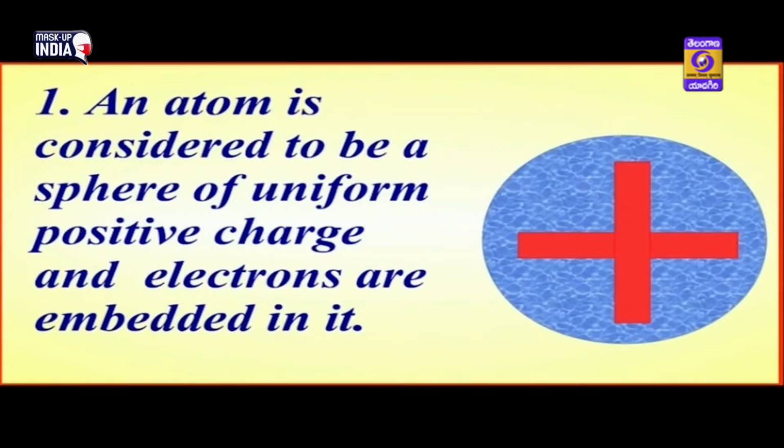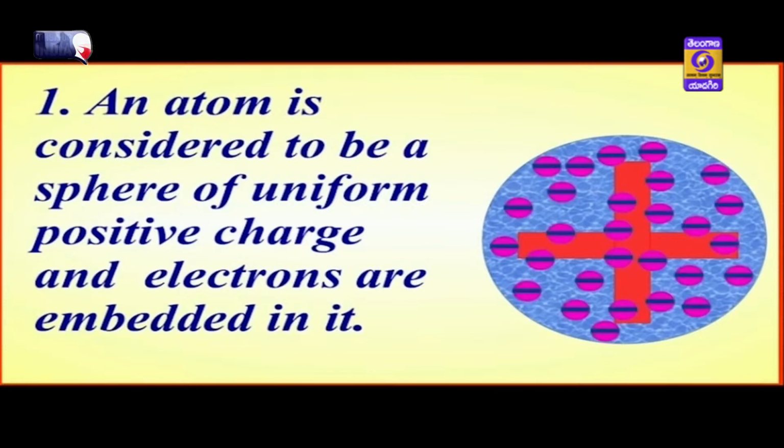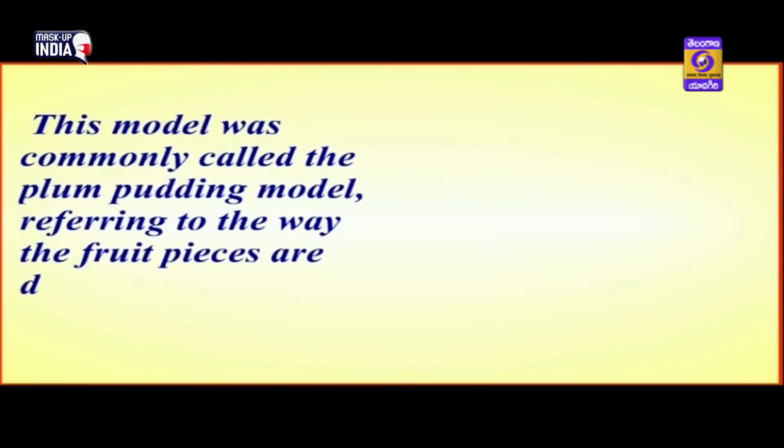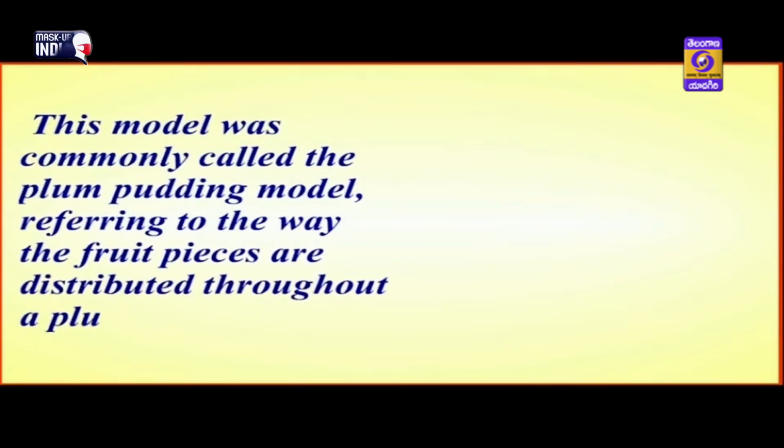Are you observing, my dear children? Here the negative charges or electrons are embedded in the uniform positive charge inside the atom. This model was commonly called the plum pudding model, referring to the way the fruit pieces are distributed throughout a plum pudding.